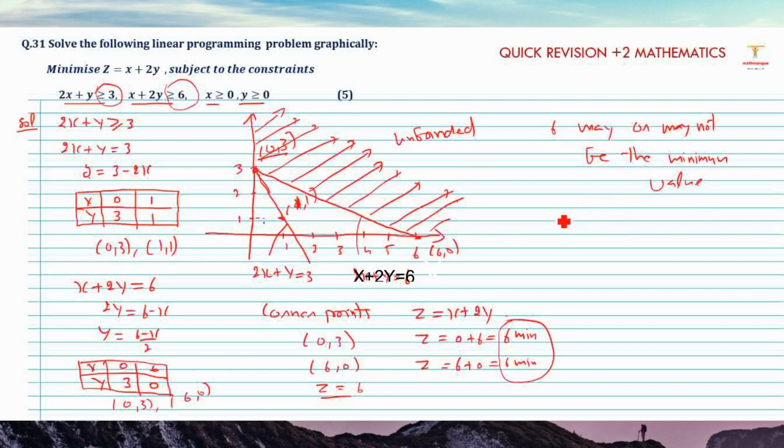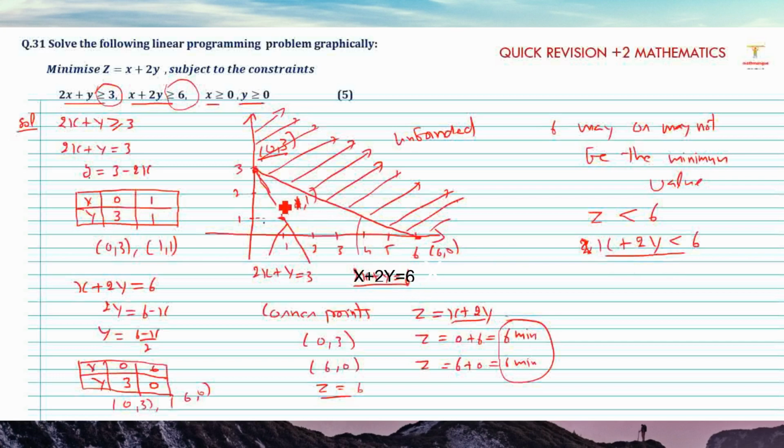Which line? Let us check it, z less than 6. For z less than 6, the value of z is this one. So this is x plus 2y less than 6. Now this x plus 2y is this line only.